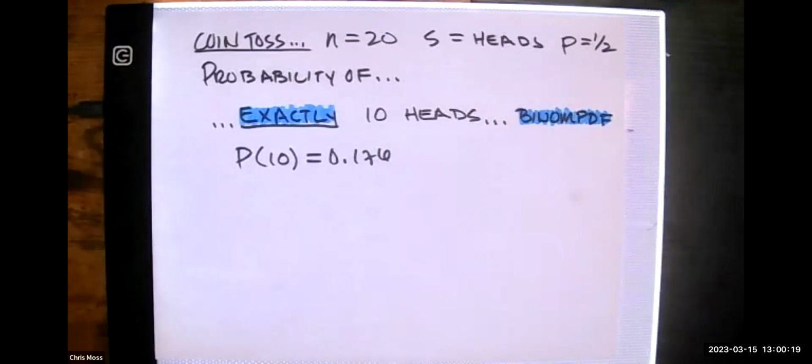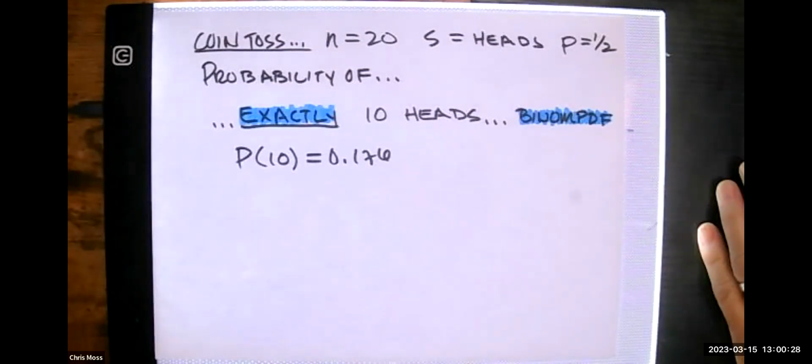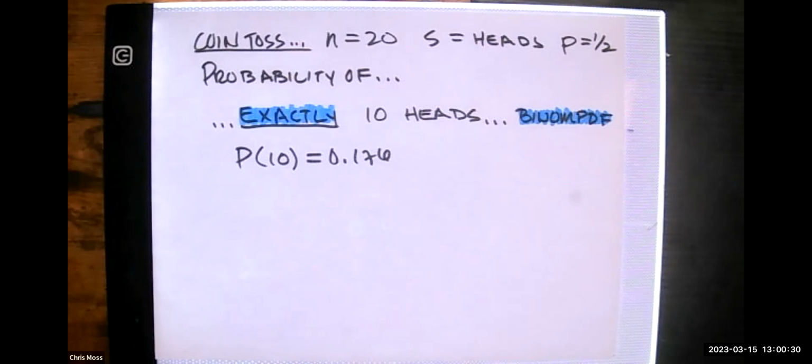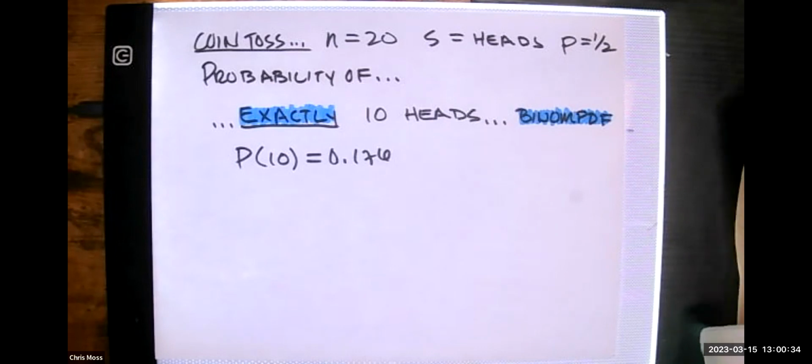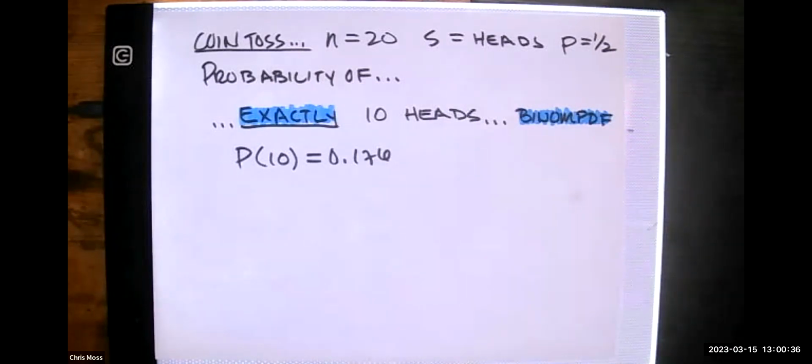So let me explain a little bit about where this comes from. All right, this is going to get really mathy. I'm going to give you a very ugly formula. Well, it's a formula that I like a lot. A very ugly formula. And then we're going to show you how this actually works.